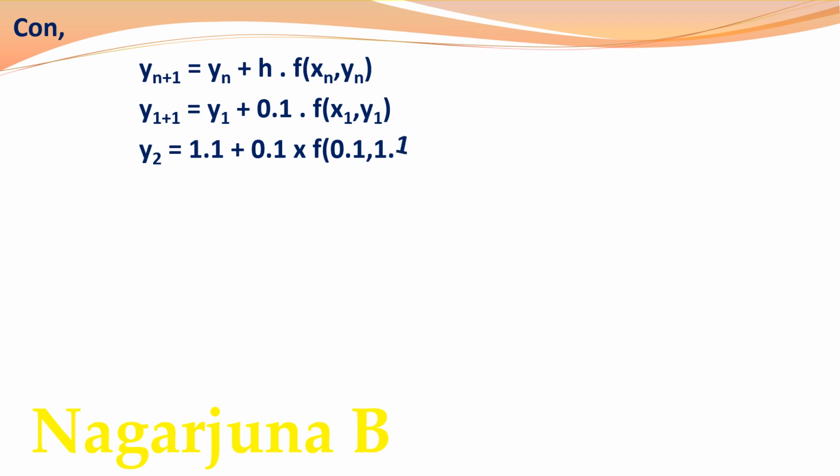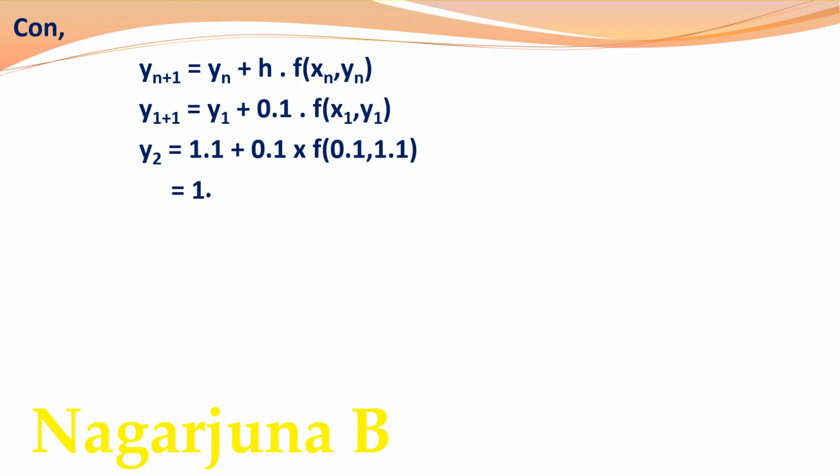So y2 is equal to 1.1 plus 0.1 into f of 0.1 comma 1.1, and we know f of x comma y is x plus y. So in that form we can write f of 0.1 comma 1.1 as 0.1 plus 1.1.